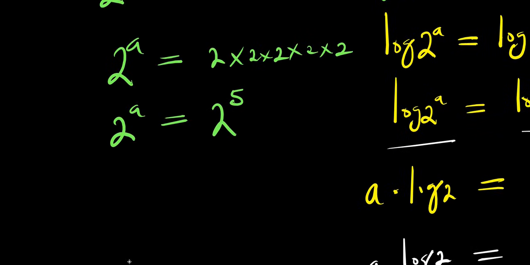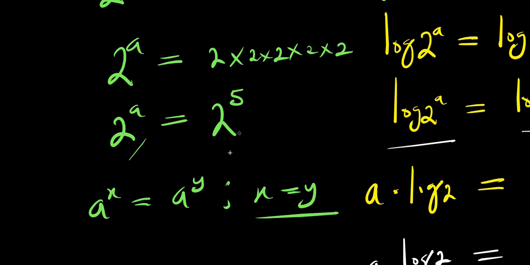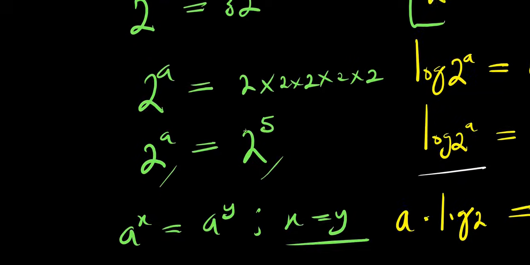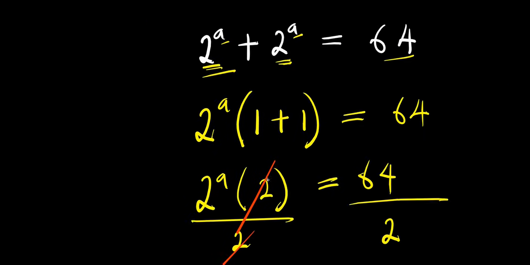Now, if you have a power x equals a power y, that means x equals y, because when the bases are the same, we compare the exponents. So right here we have a equals 5. So a equals 5 is my solution as well without log.